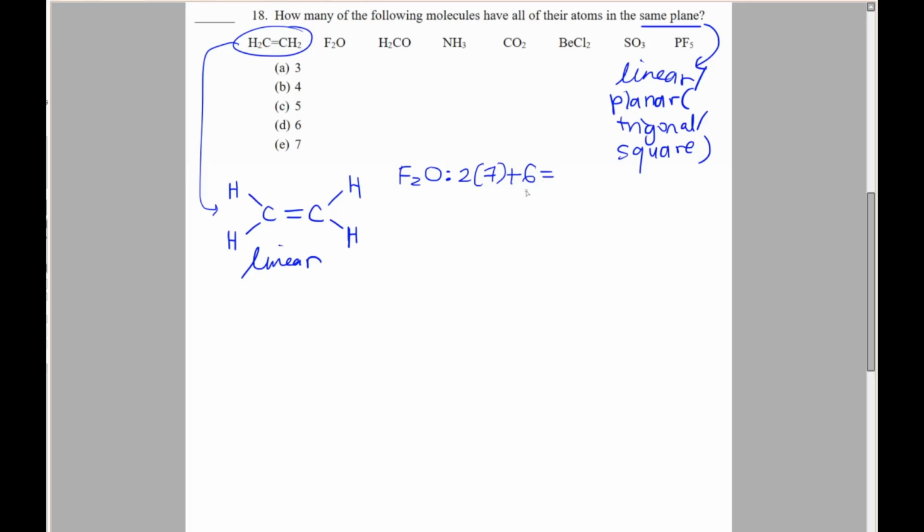So 2 times 7 is 14, plus 6, that's 20 electrons total. And we also know that oxygen's pretty electronegative, but fluorine is actually the most electronegative atom on the periodic table, and that's because oxygen and fluorine both are on the same period, period 2, but fluorine is to the right of oxygen, so it's going to be more electronegative than oxygen.